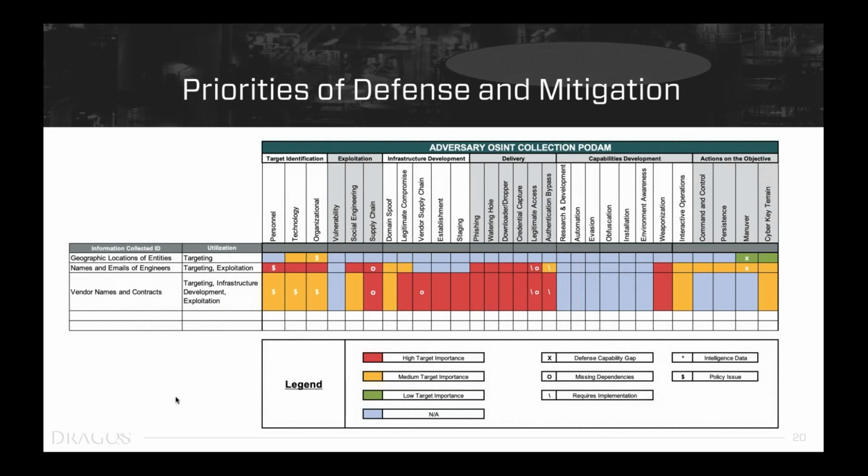There's also the potential for identifying possible locations for watering holes, as well as looking at ways they can deliver specific capabilities, such as a downloader or dropper via a crafted phishing document that will be less noticeable.